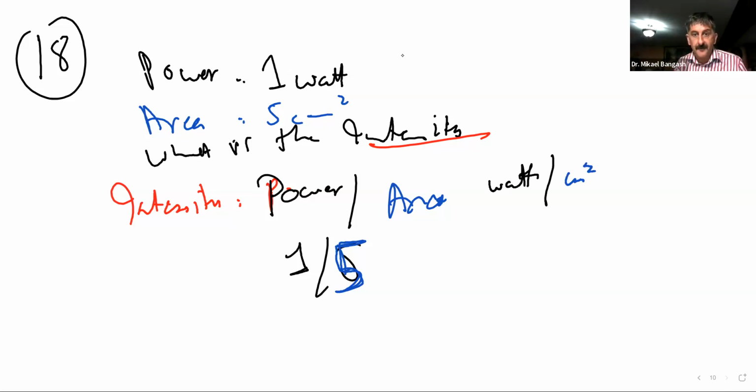So it's 1 by 5. That is just a fraction, which in terms of decimal can be written as 0.2.